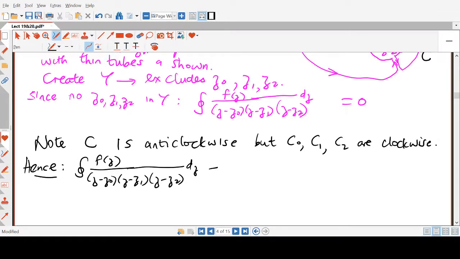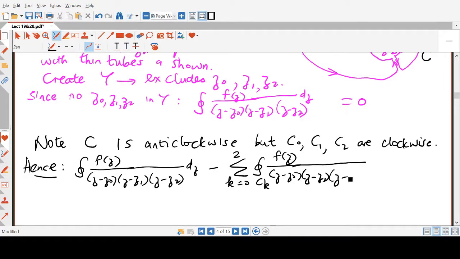Instead of writing all three out separately, I'll say the sum of these, f of z along each Ck, from k equals 0 to 2. There's three of them, 0, 1, and 2. I'm just simplifying this: z minus z0, z minus z1 into z minus z2 dz is equal to 0.